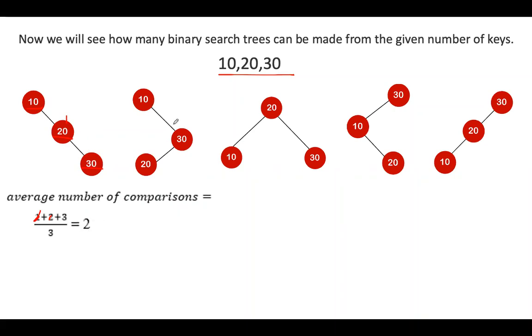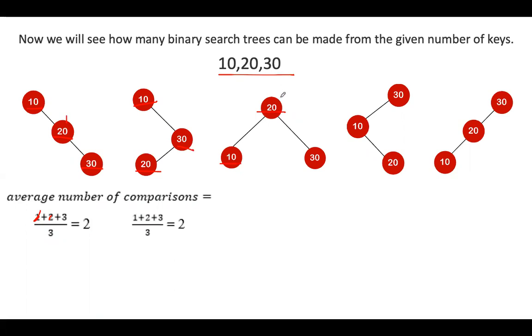In the second tree, how many comparisons will it take? If you are searching for 10, only one comparison. For 30, two comparisons. For 20, three comparisons. Again, the average will be 1 plus 2 plus 3 divided by 3. In the third tree, if you are searching for 10, it will do a first and second comparison, two comparisons.